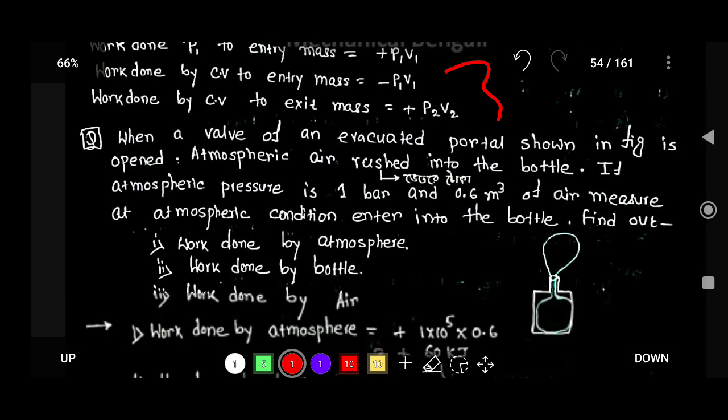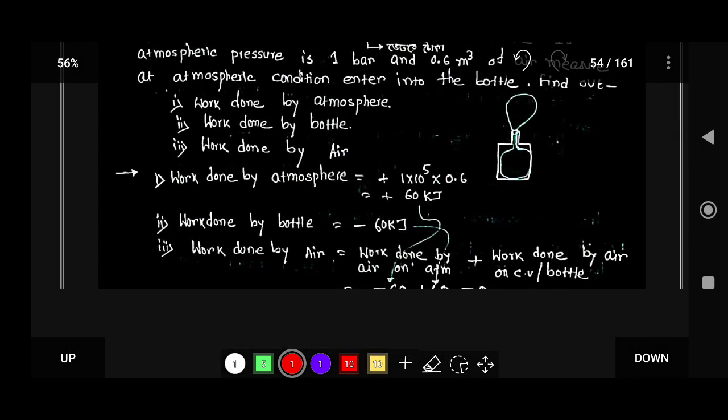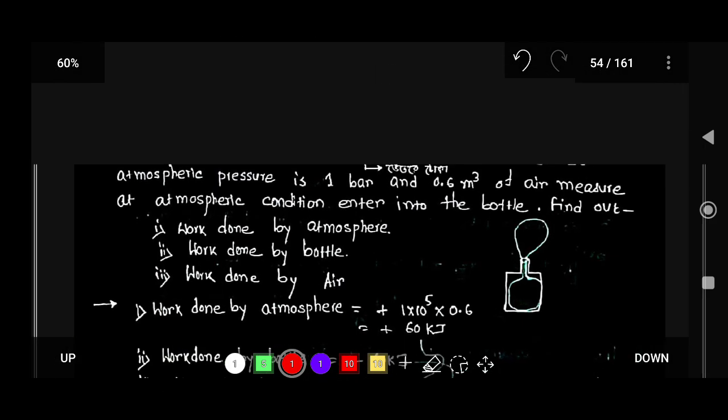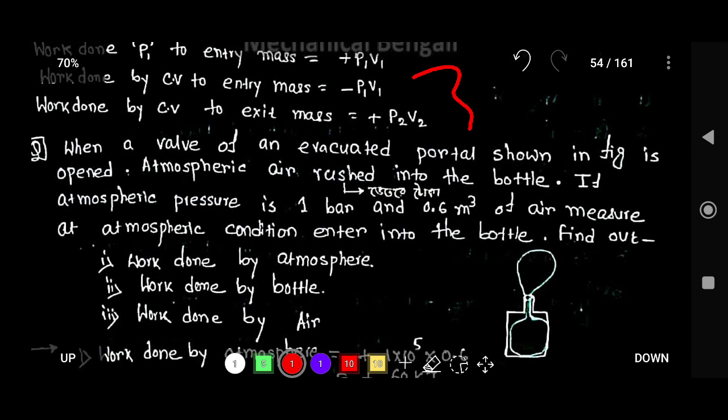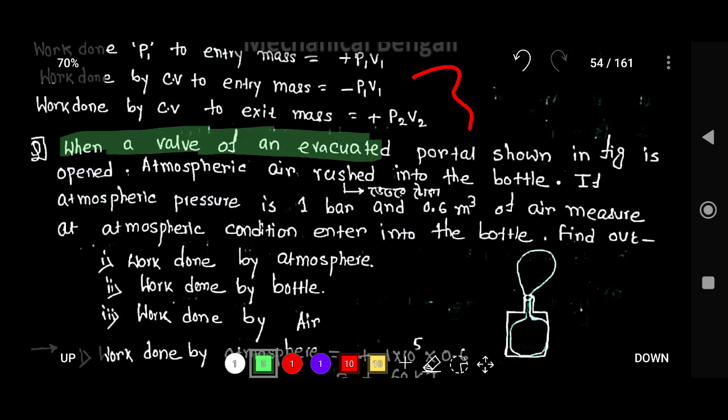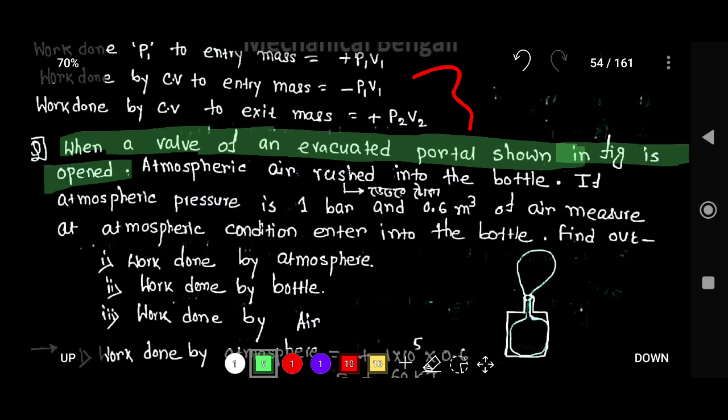Now there is one question, just try to understand this question. Very easy question, just 2 minutes is required. When a valve of an evacuated bottle shown in the figure is opened, atmospheric air rushes into the bottle.